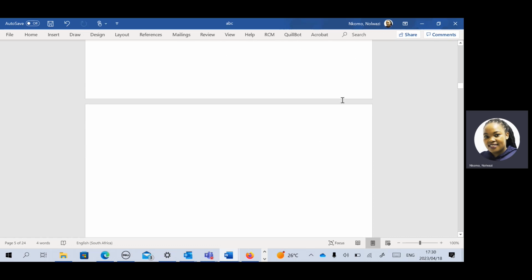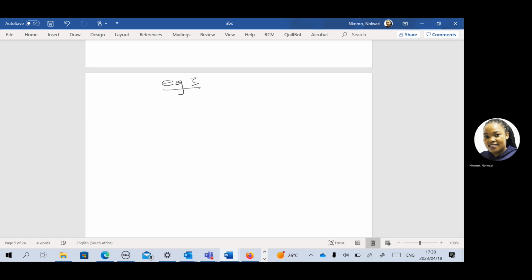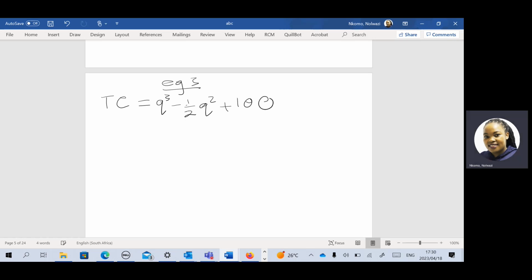Okay, let's do another example which won't give us the marginal cost as a constant. Suppose we are given a total cost, as in total cost equals Q cubed minus 1 over 2 Q squared plus 100, right?